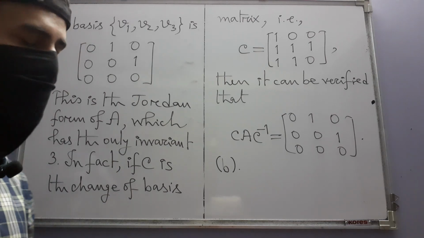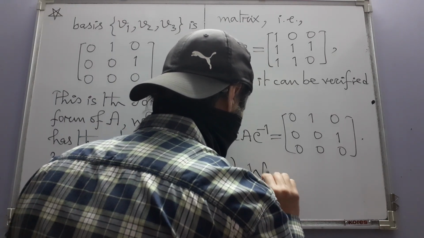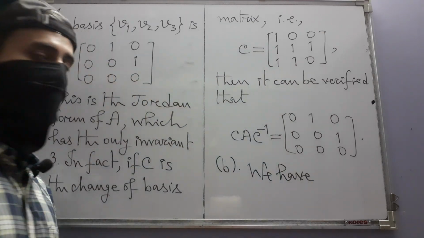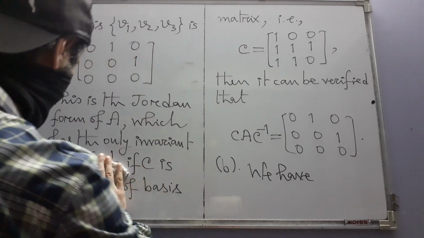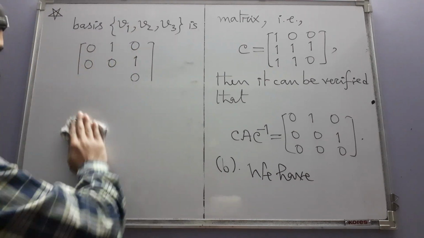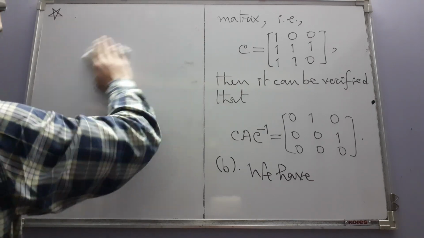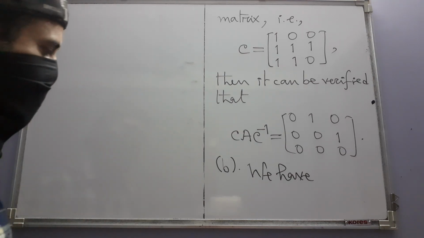Let's see what B square gives us. In fact, we don't want any power to be 0. But how can we figure that out? How can we make sure that no power is 0? Do we have to calculate all powers? That is impossible. Then what can we do? Let's see.